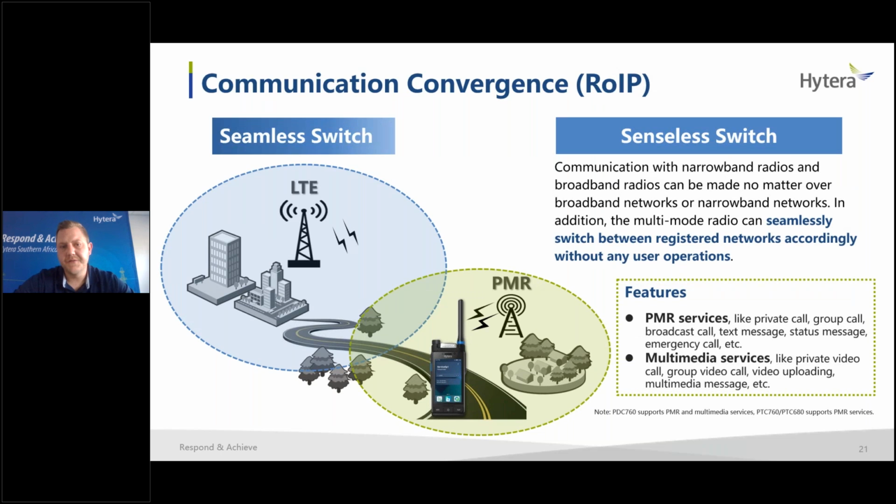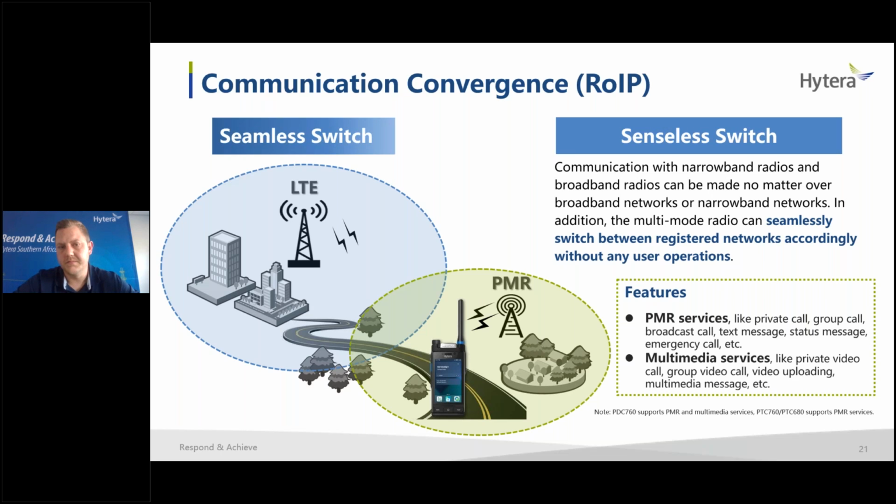We also have what we call radio over IP, which is ROIP, at the top. So this here is a solution we can offer where, let's say, you move from one area that's your narrowband network into an LTE network, you would use the LTE network to communicate back to your DMR network or your Tetra network seamlessly.